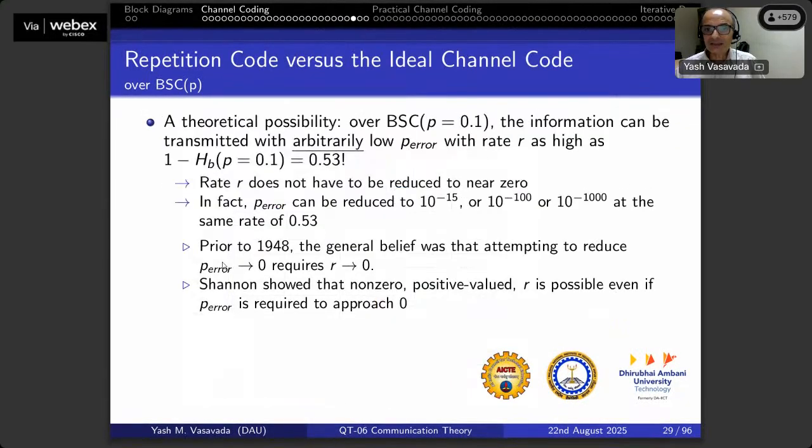What this says specifically is that in this repetition code example that we had, in order to make the error rate become 0, we had to reduce the rate to very small numbers like 10 to the power minus 15 or so.